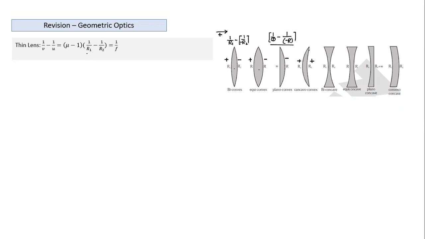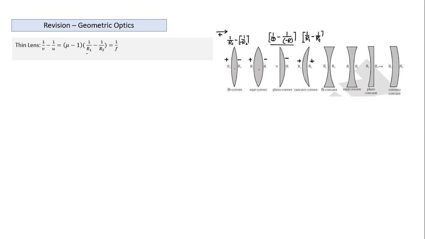But in this case, we notice that the radius of curvature R1 is smaller than R2. So if I evaluate the term 1 by R1 minus 1 by R2, I write R1 as positive, minus 1 by R2 is positive. You notice this curvature seems to be part of a bigger spherical surface, R2.